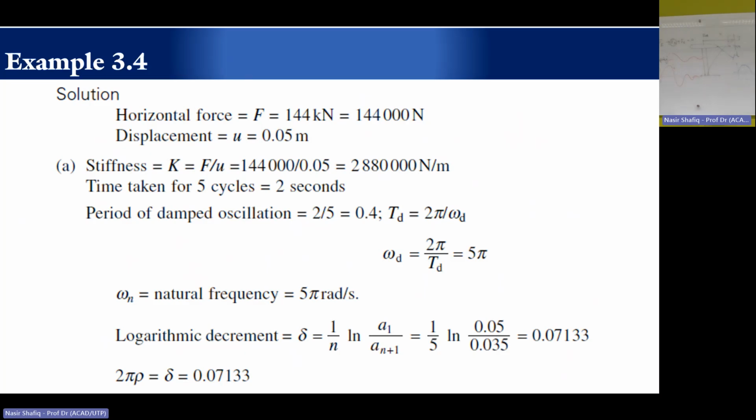So omega d is 2 pi upon 0.4, which is 5 pi radian per second.